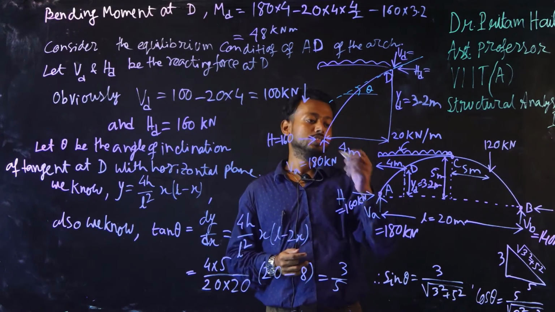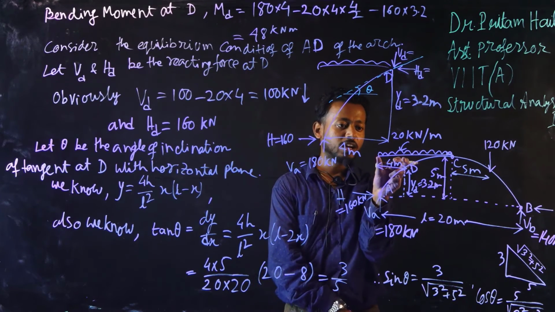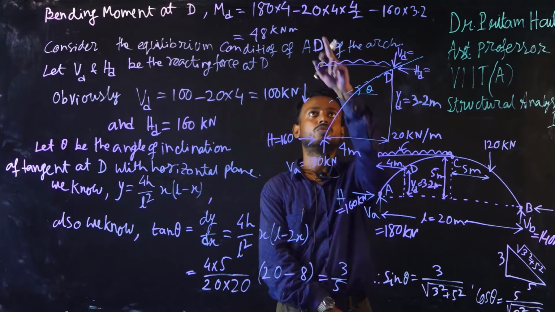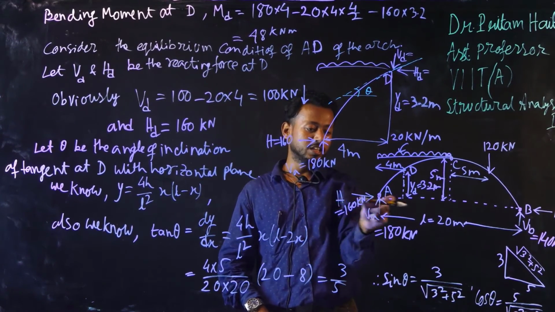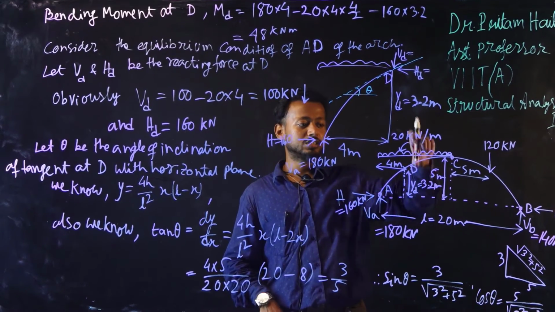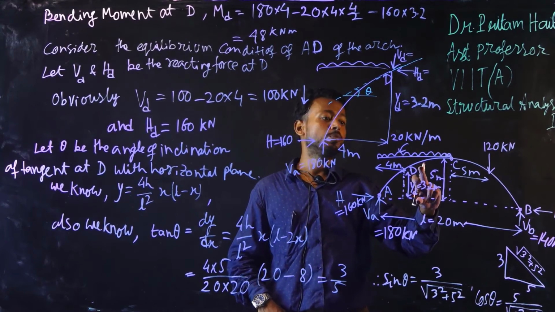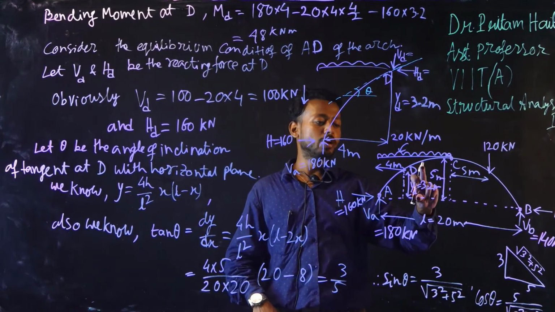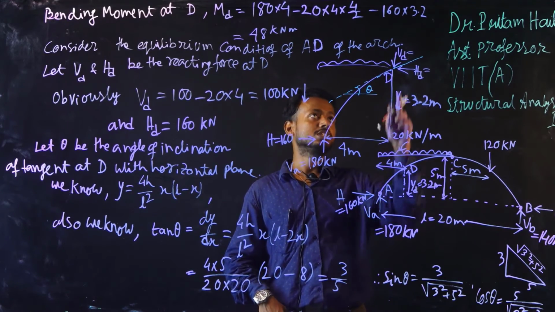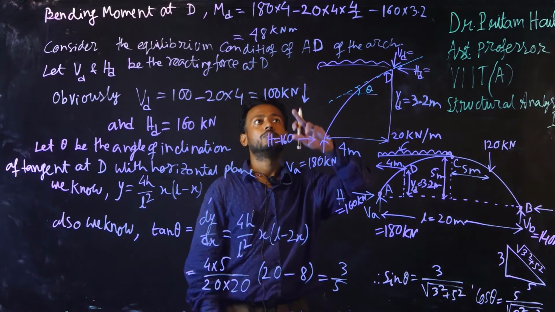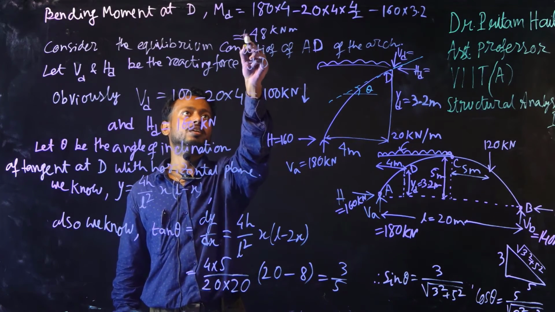So minus 20, the load intensity, into 4 meter length, and CG will be at 2 meter, so 20 into 4 into 4 by 2. And H acts in this direction, giving an anti-clockwise moment, so minus 160 into 3.2 meter, the ordinate, which is the lever arm. So we have bending moment 48 kilonewton meter. This is positive.